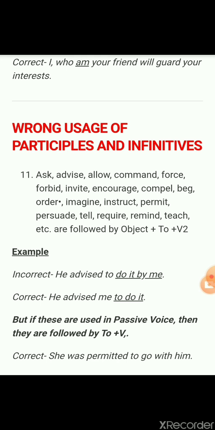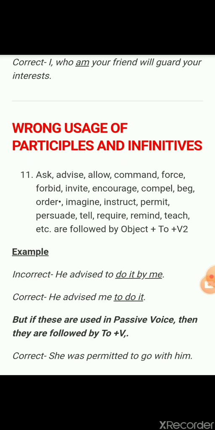So what are infinitives? Infinitives are when we add to with some special kind of verbs, and the verbs are on the screen. With such types of verbs, we need to add to always. Always remember. Look at the example. The incorrect sentence we will read first. He advised to do it by me.